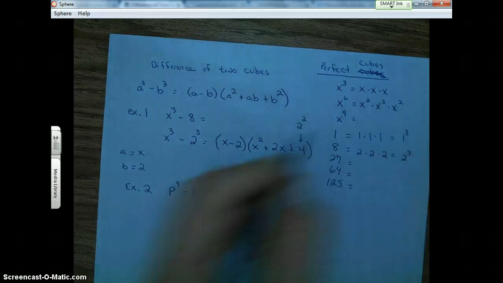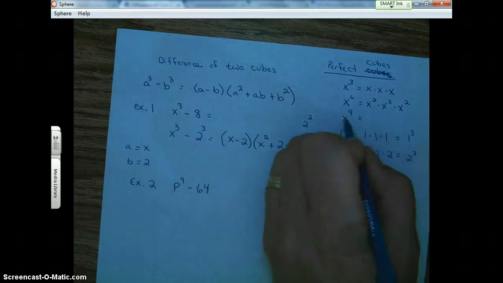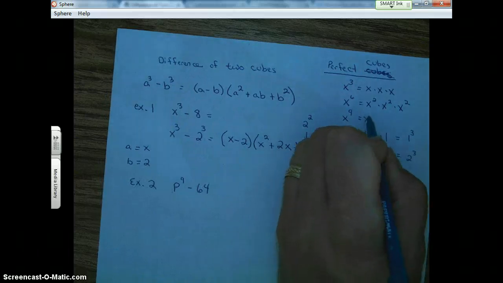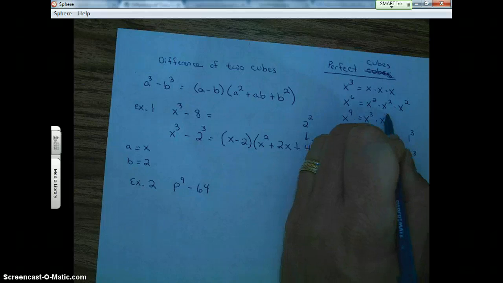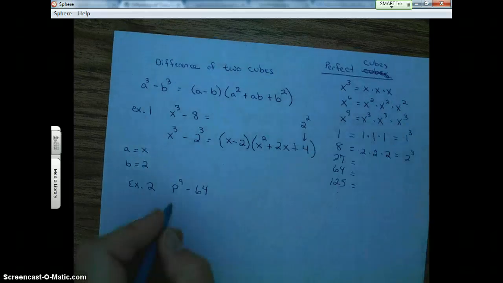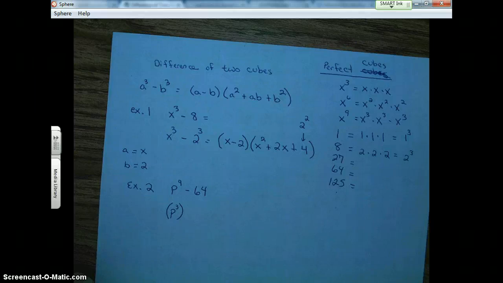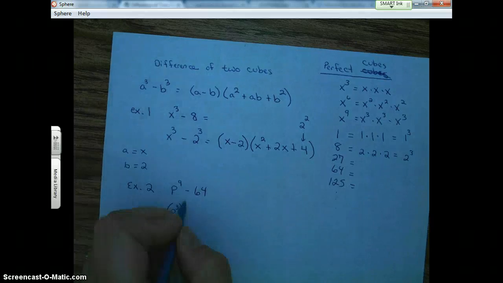Well, we're going to convert that to p to the third raised to the third power.